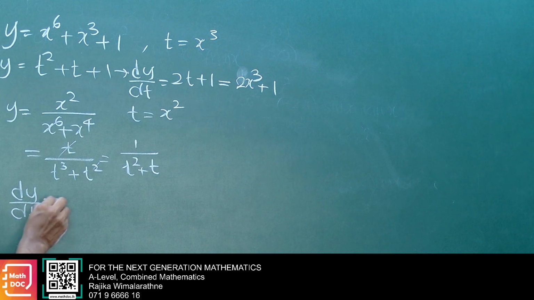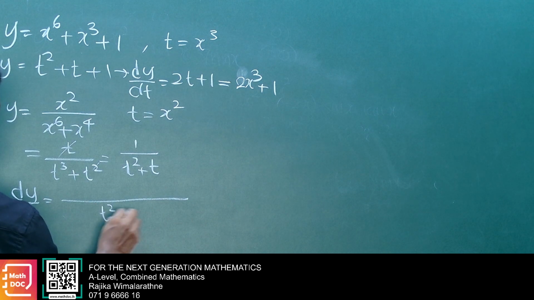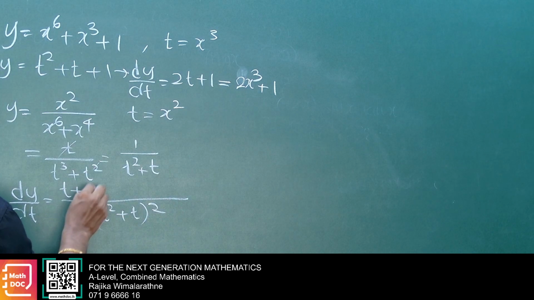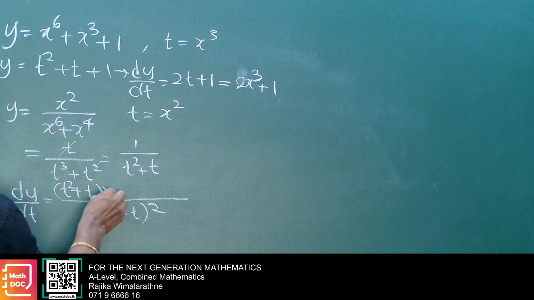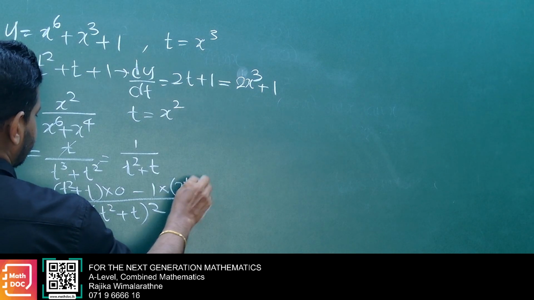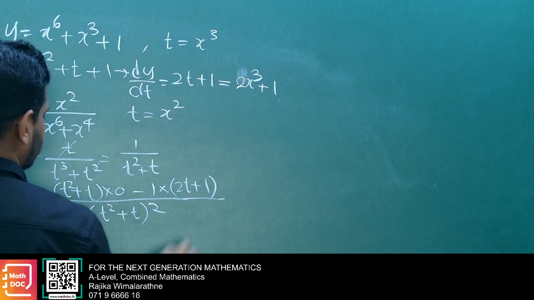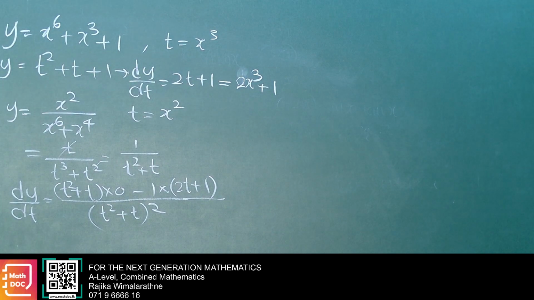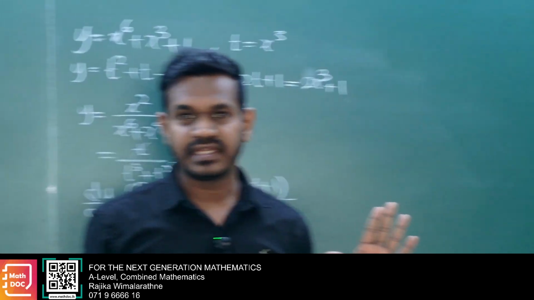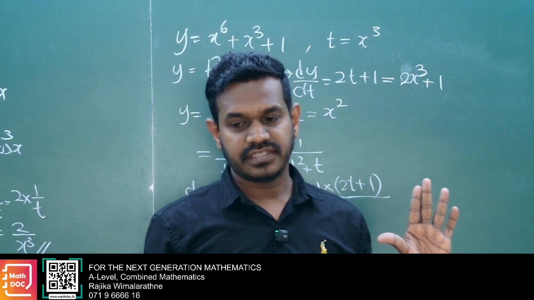Then dy by dt: denominator squared, denominator times derivative of numerator minus numerator times derivative of denominator. Okay. Then finally, substitute the given t value.